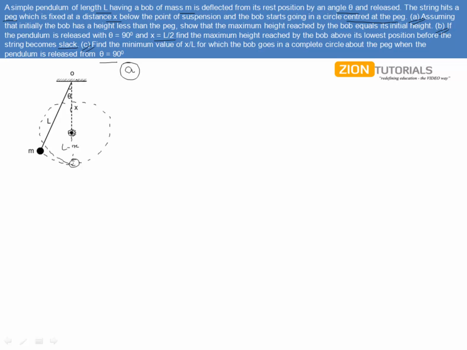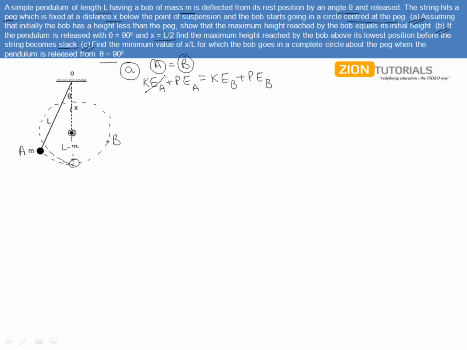Now friends, let us take the points, this being the initial point A and the maximum height reached by this being point B. The total energy at A must be equal to total energy at B. Total energy at point A will be the kinetic energy at A plus potential energy at A, and similarly at B, kinetic energy at B plus potential energy at B. Now we all know that as this bob reaches the maximum height, its velocity will obviously be 0.